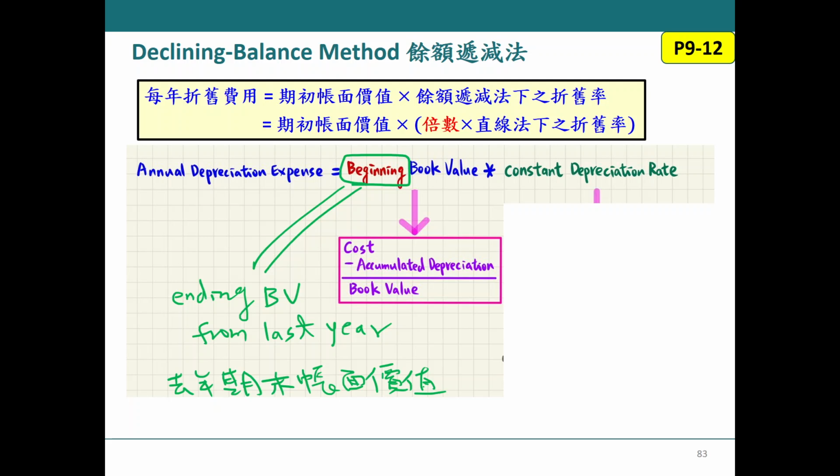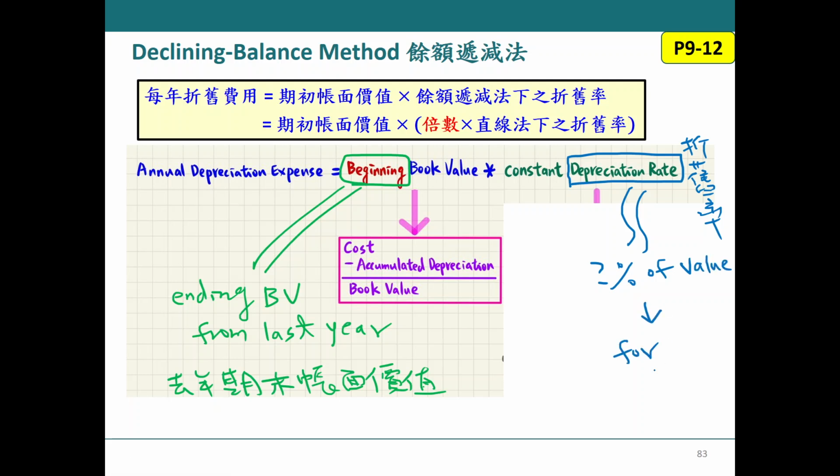Depreciation rate tells you what percentage of your PP's value decreases for each year.